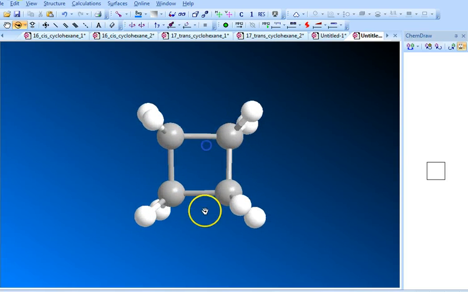Second problem, what is the bond angle here between this carbon, carbon, carbon, and how much is it expected to be for a singly bonded carbon? It was expected to be 109 degrees. It is 90 degrees, correct, Abhishek?